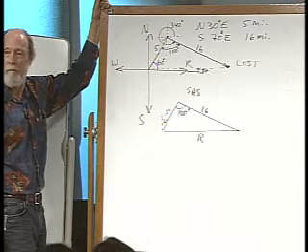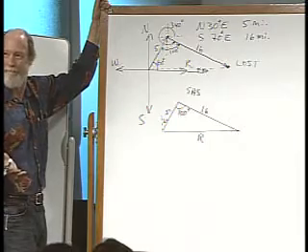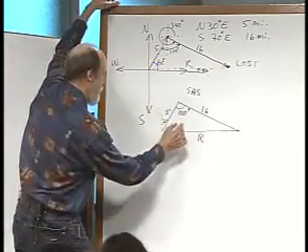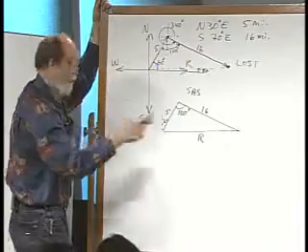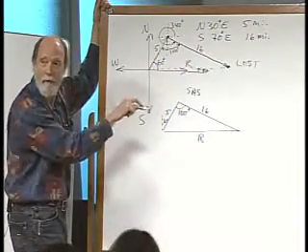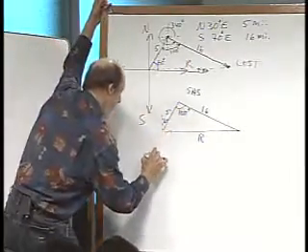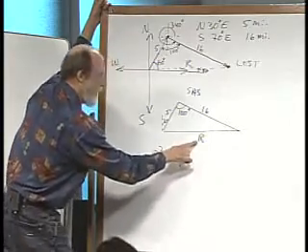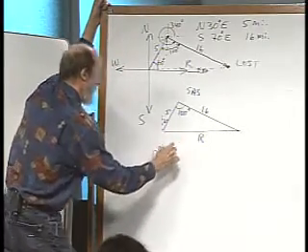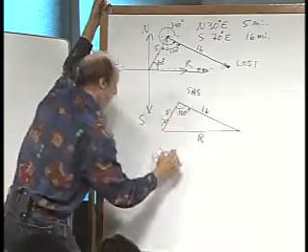Everybody happy? Familiar territory? So, Pythagorean, nope, not Pythagoras, because this is not a right triangle. Law of cosines, right? Leg squared over here equals the sum of the squares of the other legs.